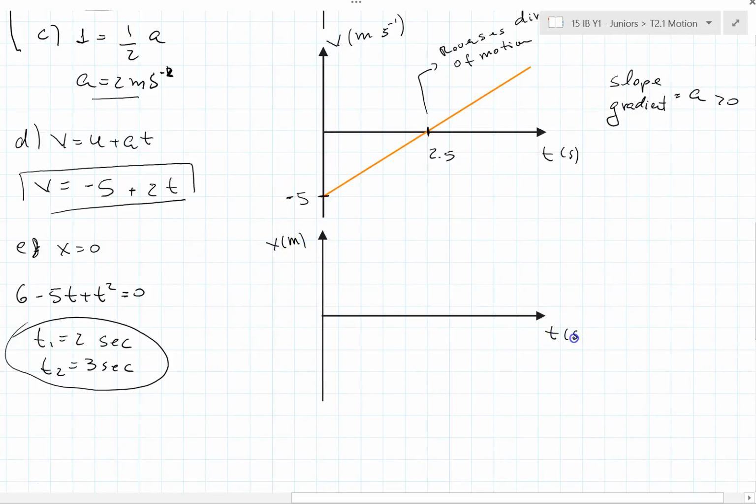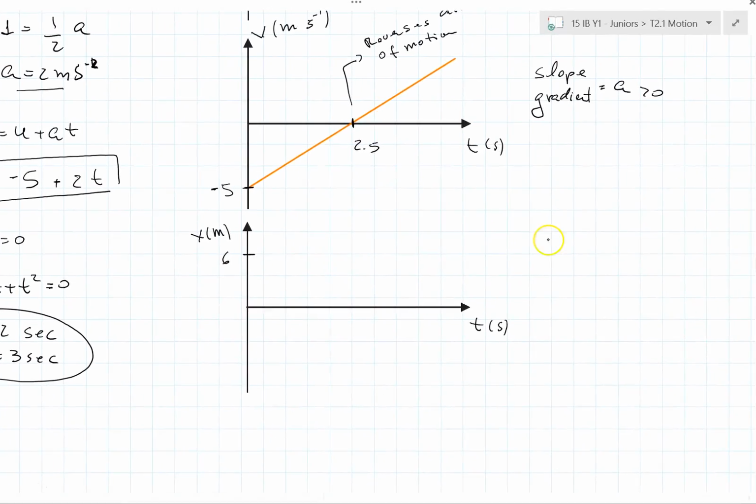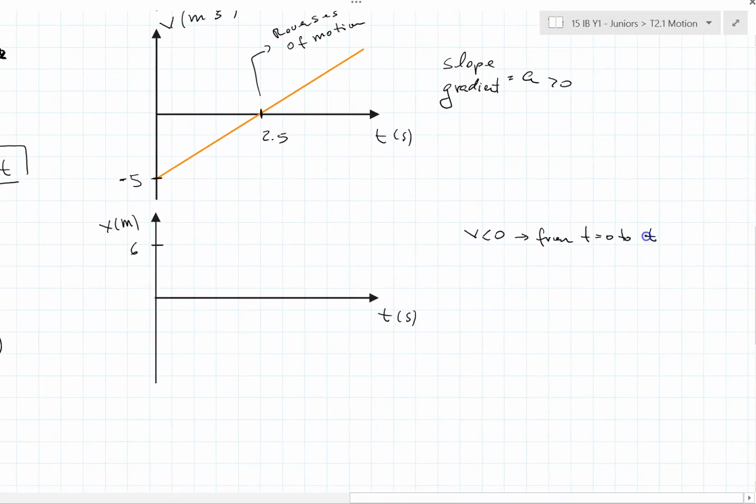Finally, now let's prepare here a position versus time graph. The initial position of my particle is 6 meters. Because my velocity is initially negative, I should have initial negative slope. So velocity is negative from t equals 0 to t equals 2.5 seconds. Okay, but this velocity is approaching 0. So notice this.